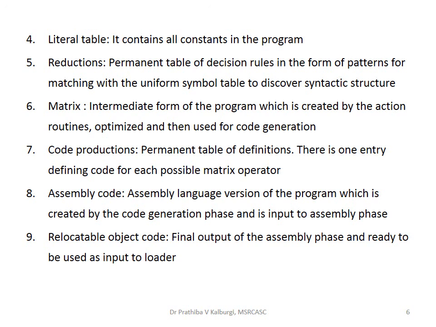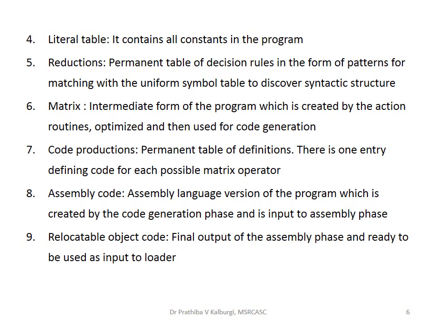The next is the assembly code. As you already know, what do you mean by an assembly code? This is nothing but the assembly language version of the program which has been created by the code generation phase and acts as an input to the assembly phase.